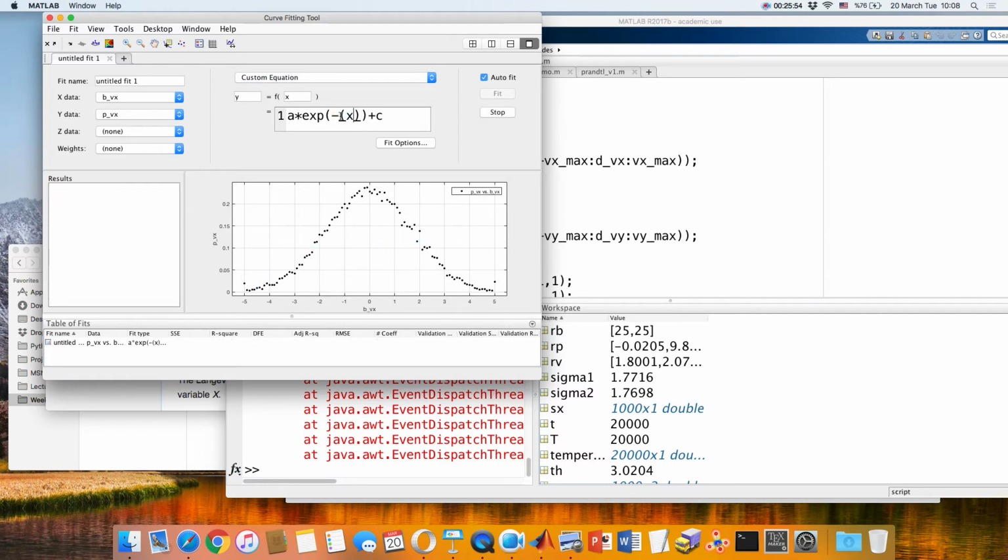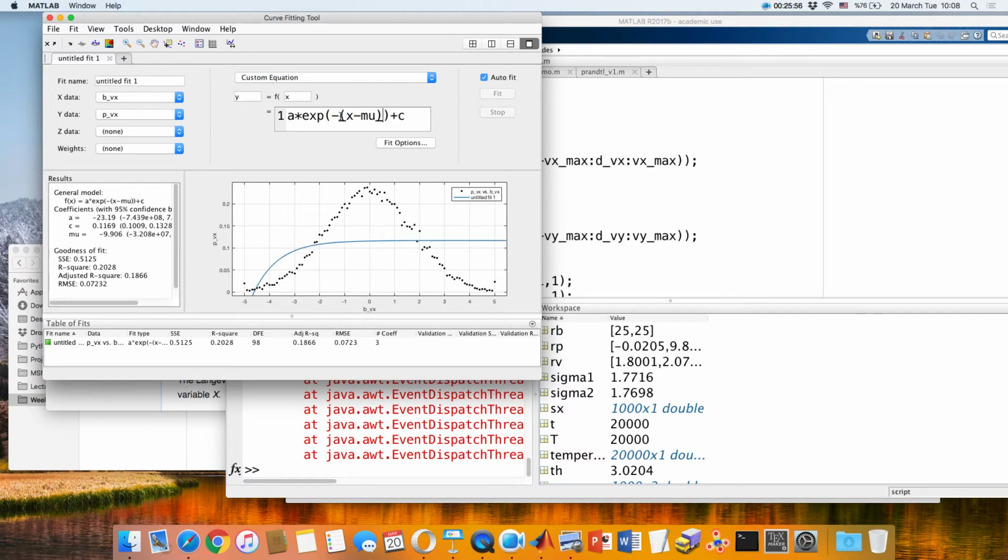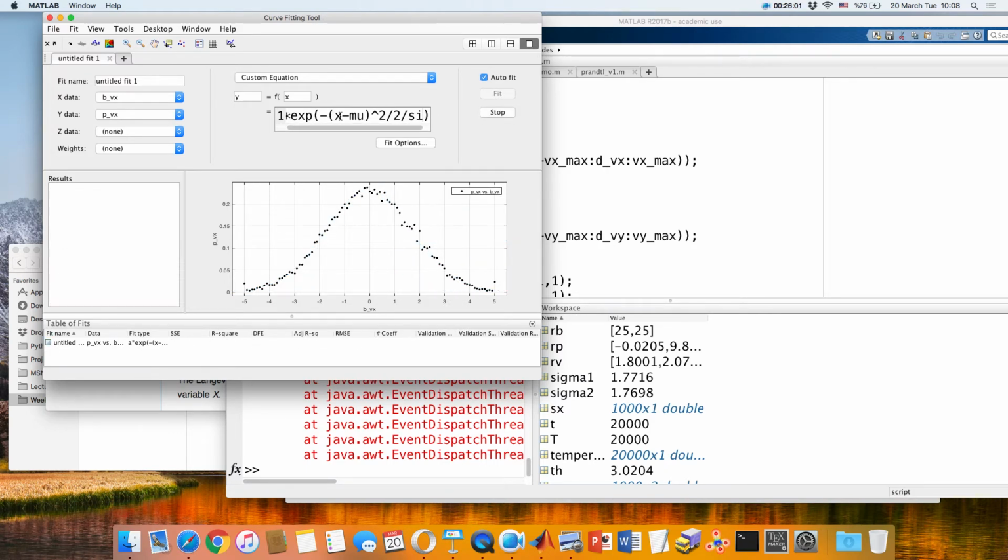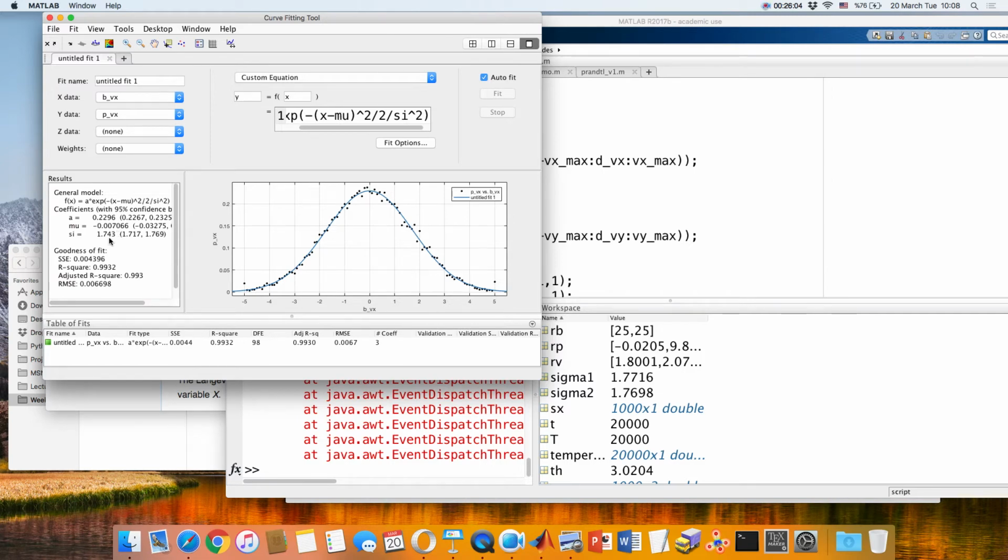It's x minus mu squared, divided by 2 sigma squared. So what is sigma? You see 174. Not so bad, right? I also want to point out that all these approximations that we assume, for example that the forces are not correlated, are not perfectly correct. So you might not get a perfect result.